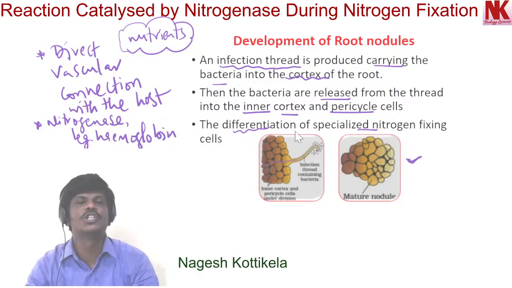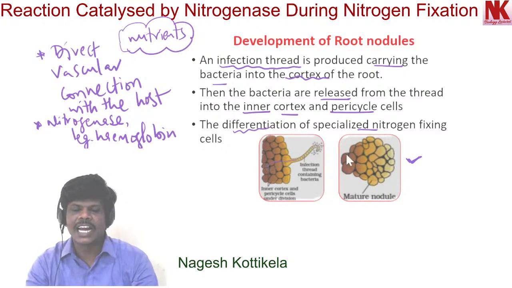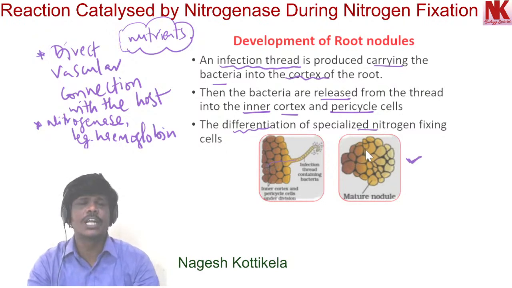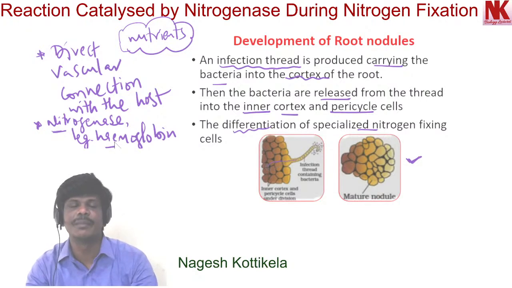These are very essential for biological nitrogen fixation. I repeat: the mature root nodule contains all the necessary biochemical components such as nitrogenase enzyme and leghemoglobin, which is an oxygen scavenger, about which we will discuss in the coming slides.